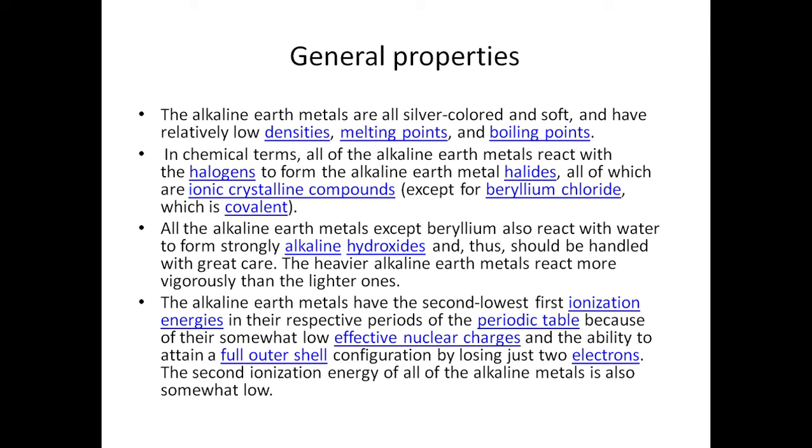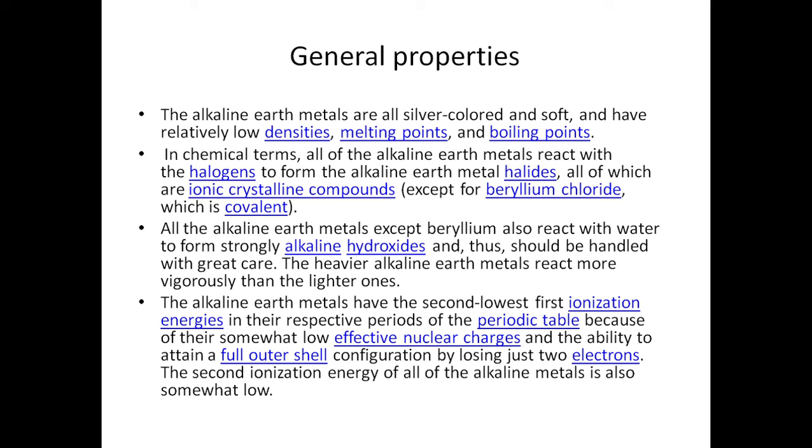Again, we see the exceptional behavior of beryllium in the form of its halides: beryllium chloride forms a covalent compound. All the alkaline earth metals except beryllium also react with water to form strongly alkaline hydroxides and thus should be handled with great care. The heavier alkaline earth metals react more vigorously than the lighter ones.